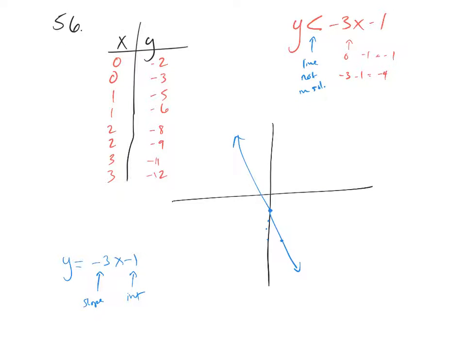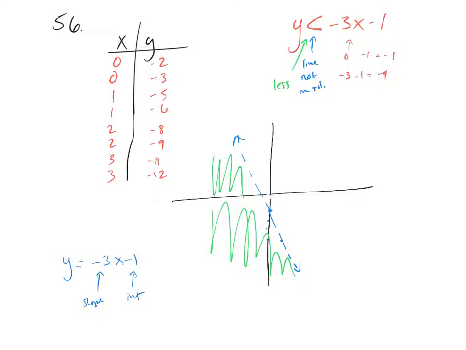So I'm going to make this a dashed line. And now I'm going to shade in everything below that line because it is less than. So everything down here is part of my solution set.